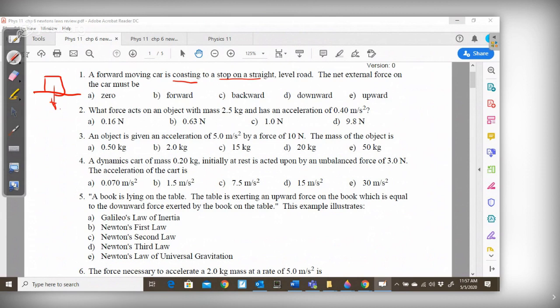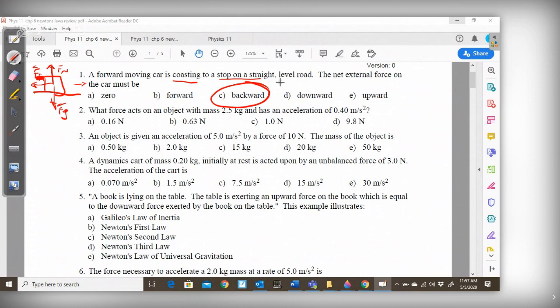We're going to have a force of gravity. We're going to have a normal force. The engine's not keeping it going, but it's coming to a stop. So there has to be a force of friction going in the opposite direction to motion. So the net external force has to be backwards in this case.